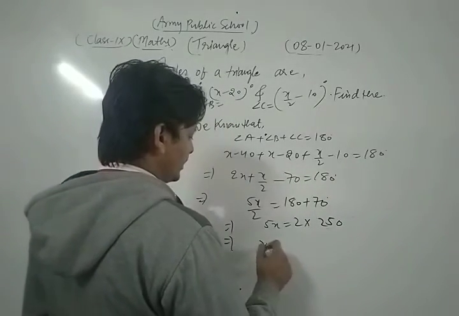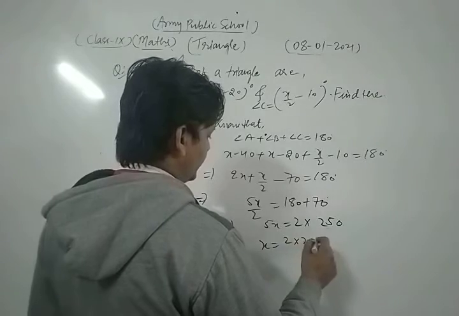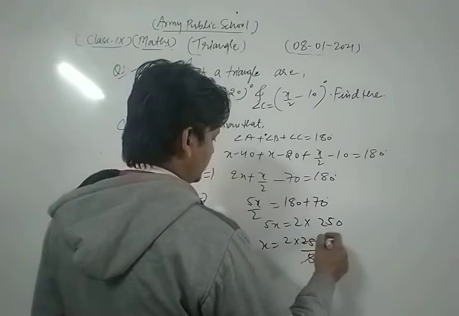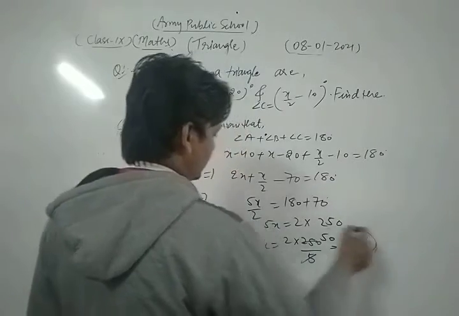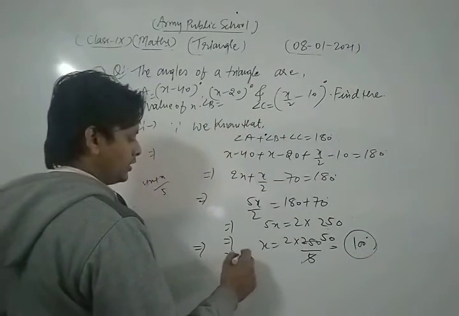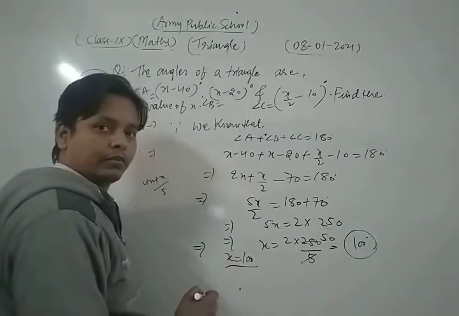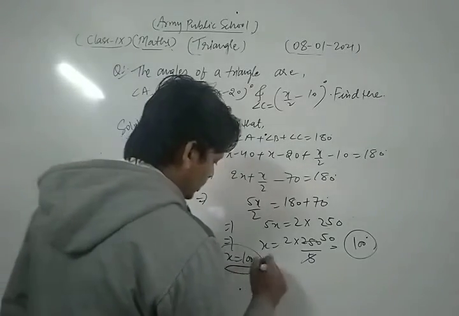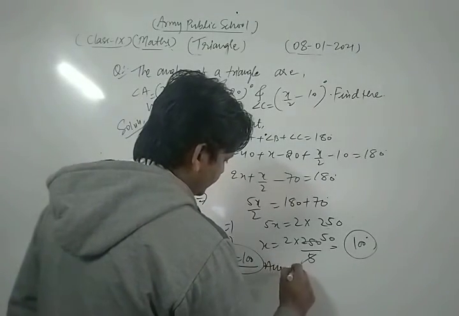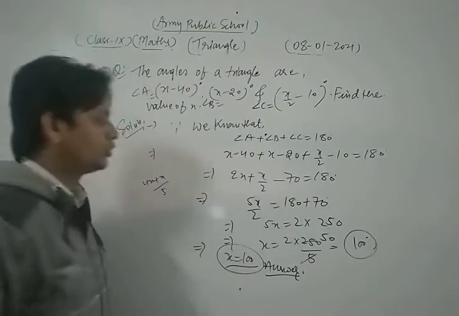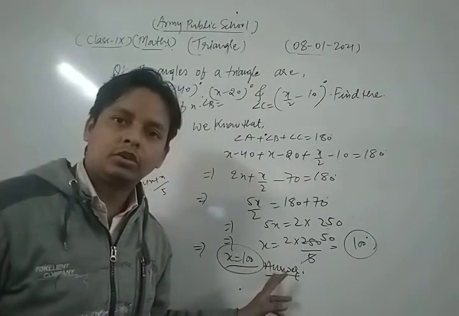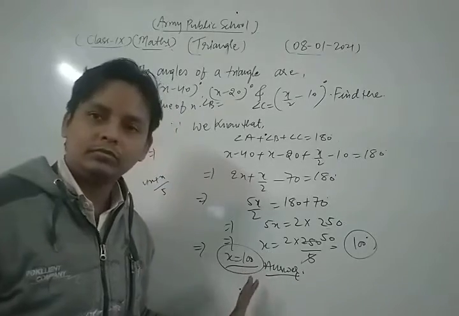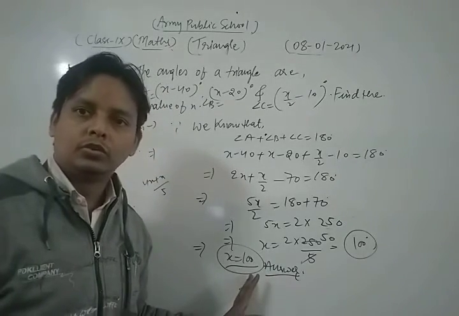Now the value of x is 2 into 250 upon 5. 5 5s are 25, so this is 2 into 50, which is 100 degree. Thus the value of x is 100. This is our required solution of the given question. Hence the value of x is 100 degree, dear friends.